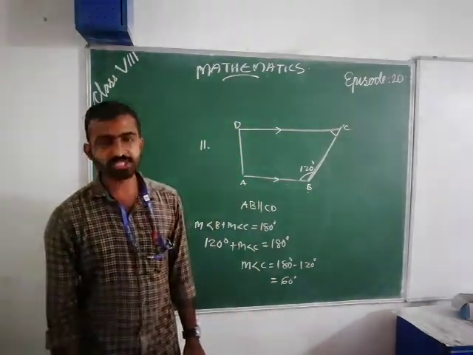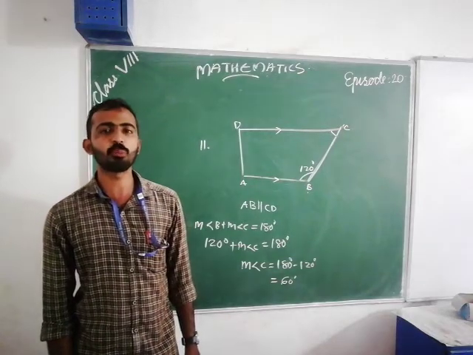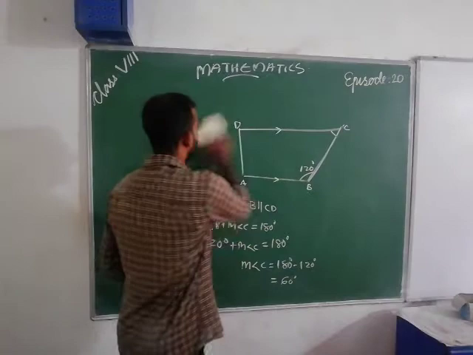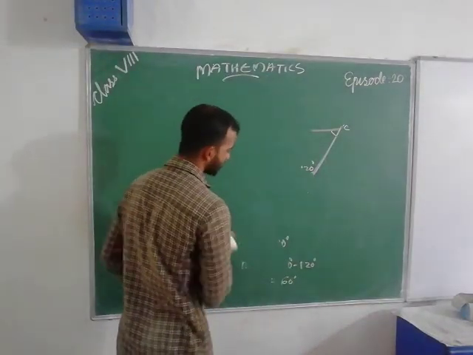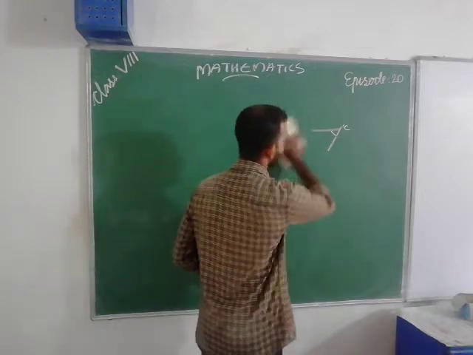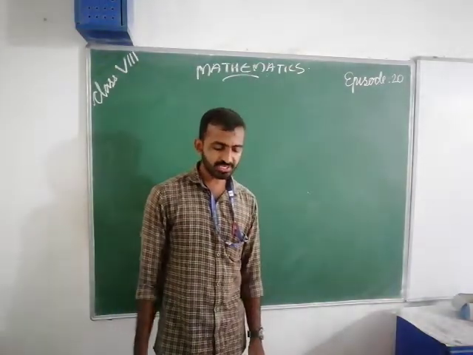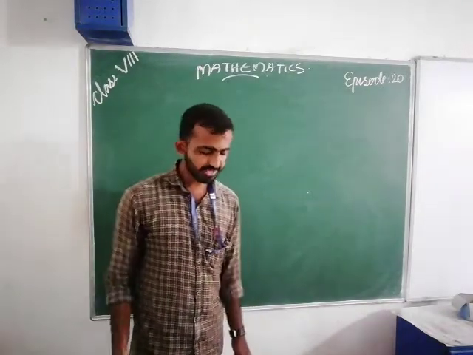Already we know what a parallelogram is. A parallelogram means opposite sides are parallel. So next we are going to discuss some special parallelograms. First one is the rhombus.